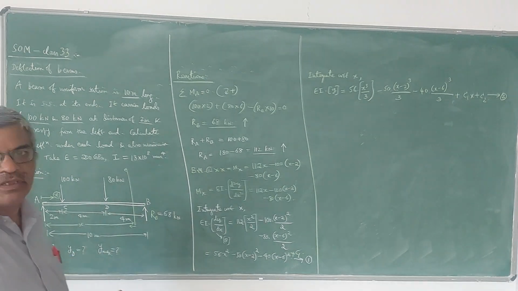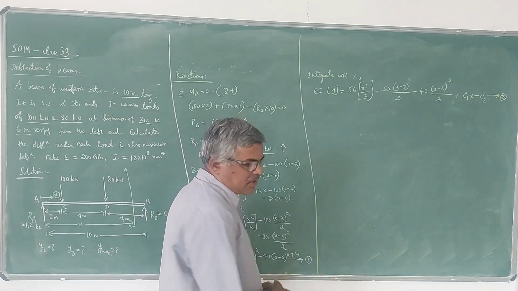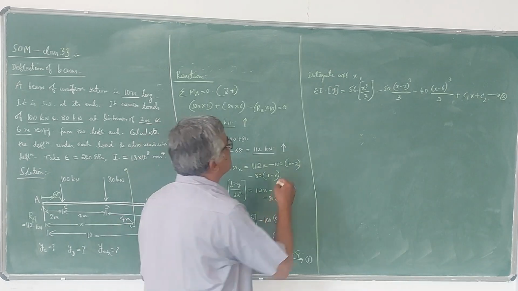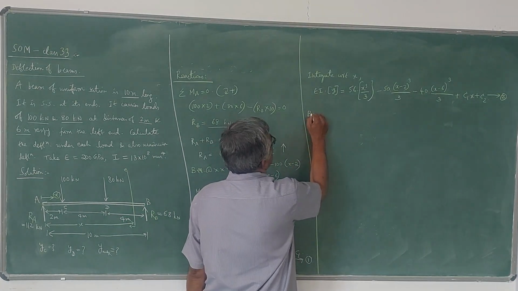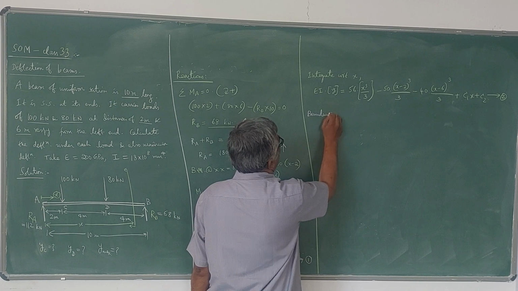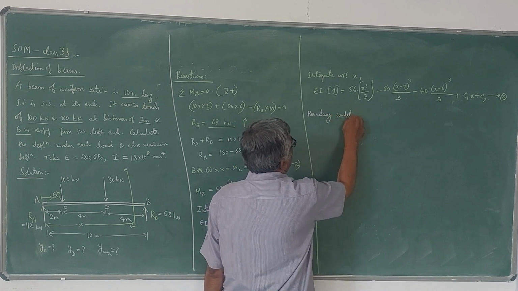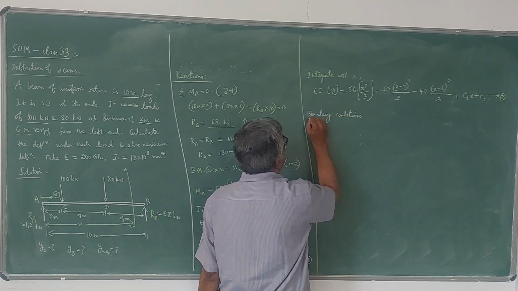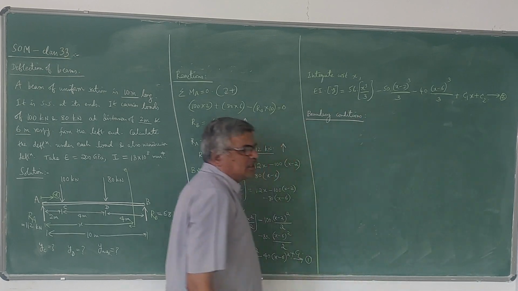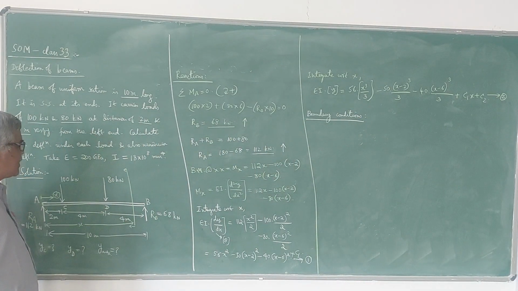Now we have to evaluate the constants of integration c1 and c2 using the boundary conditions. Since it is a simply supported beam, we know that the deflection at the simple supports is 0.